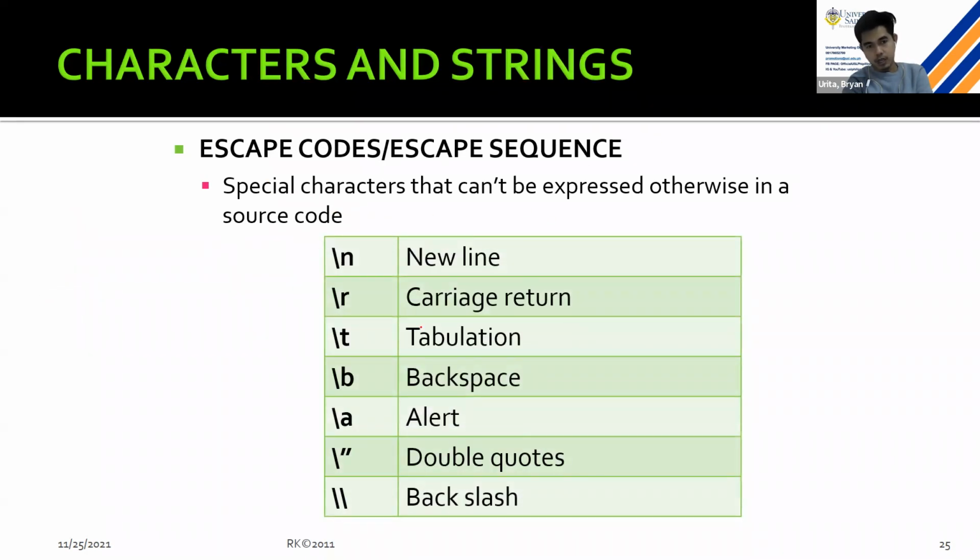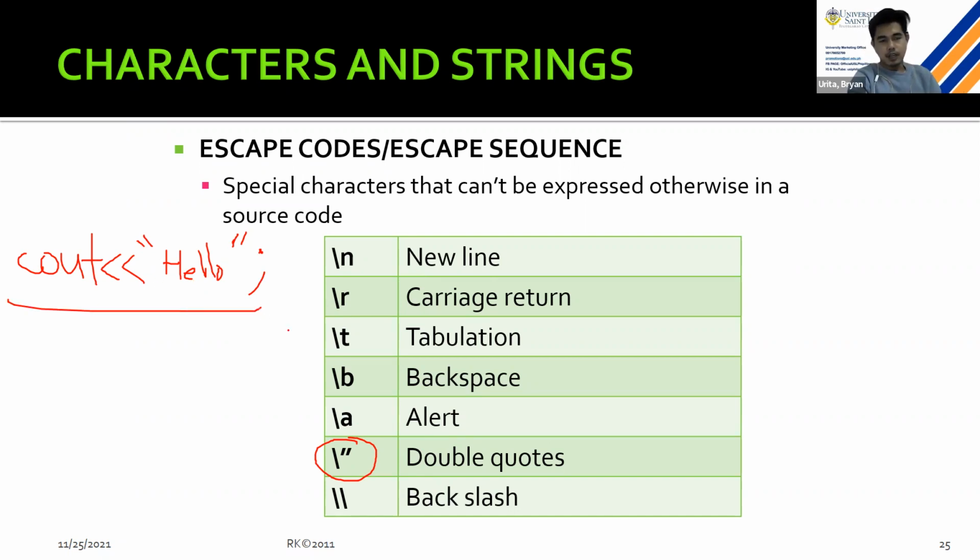So, for example, if you want to display on the screen double quotes, we're using this one because, let's say, for example, cout hello. Ganito kasi, if you want to display the word hello on the screen, ganito yung kailangan natin isulat sa code natin. So, cout, double quotation, hello.